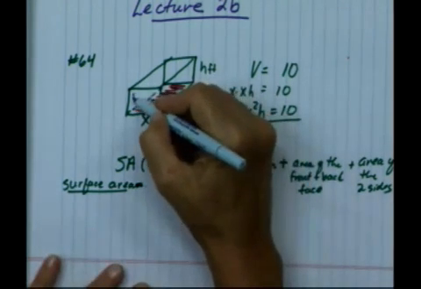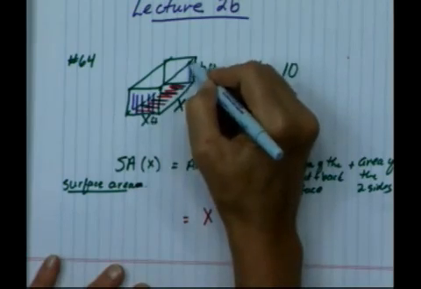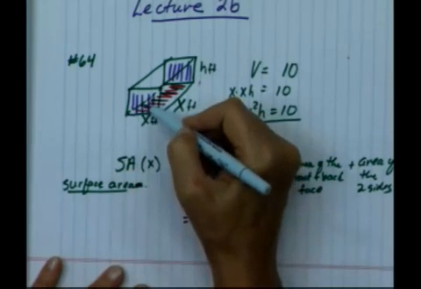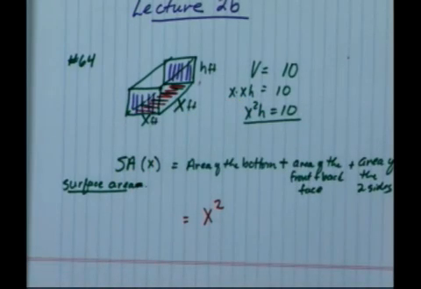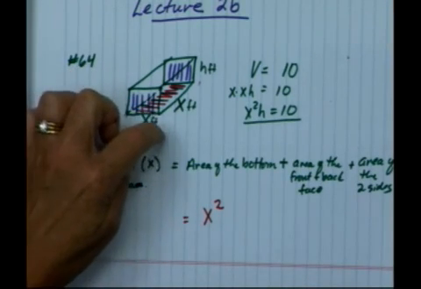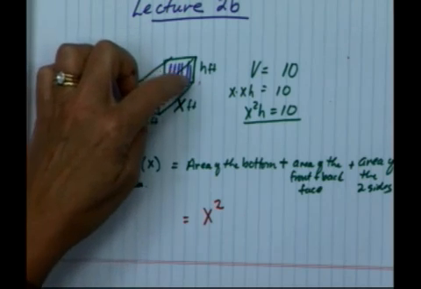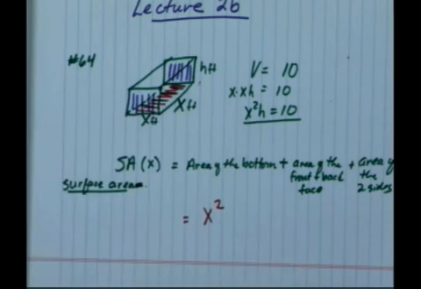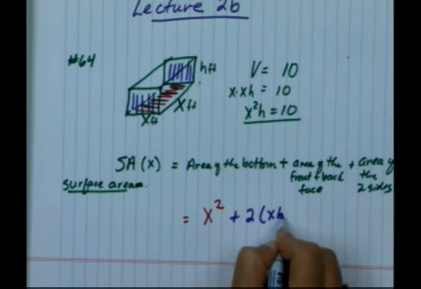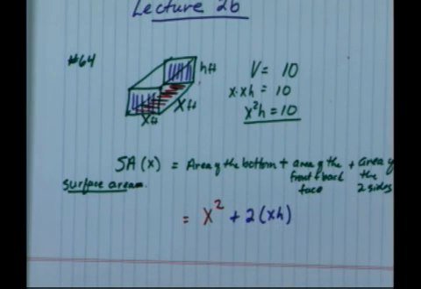My front face is right here, and my back face is right here. So what is the area where the purple is? xh. I have one xh for the front, and I have another xh for the back. So the area of my front face and back face is 2 times xh. Everybody see it?